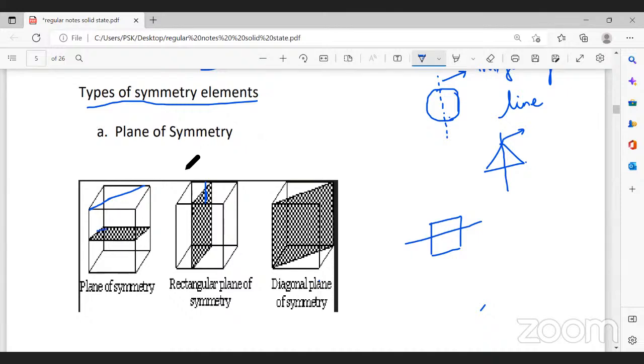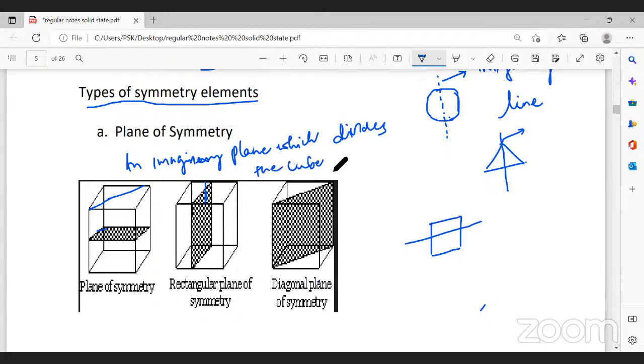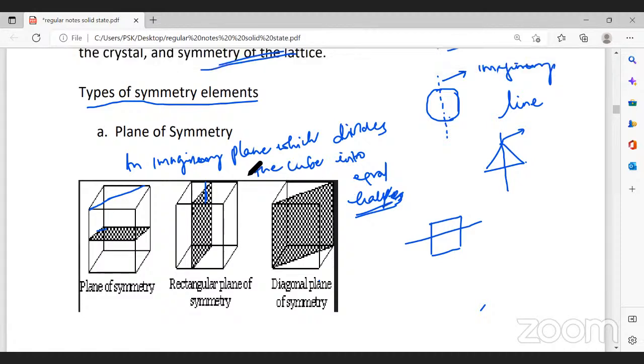An imaginary plane which divides the cube or the crystal into 2 equal halves is called a plane of symmetry. No problem with this? No problem. Yes. All right.